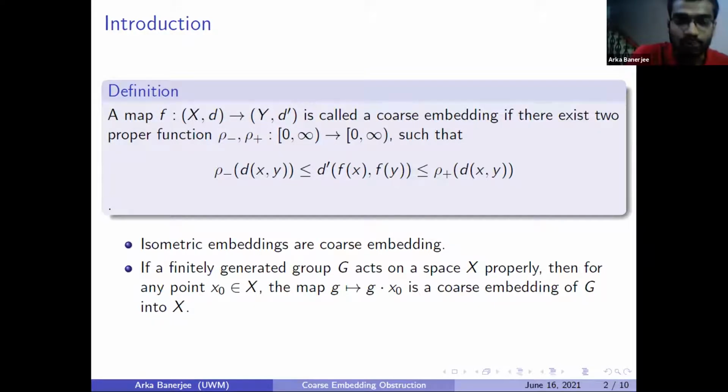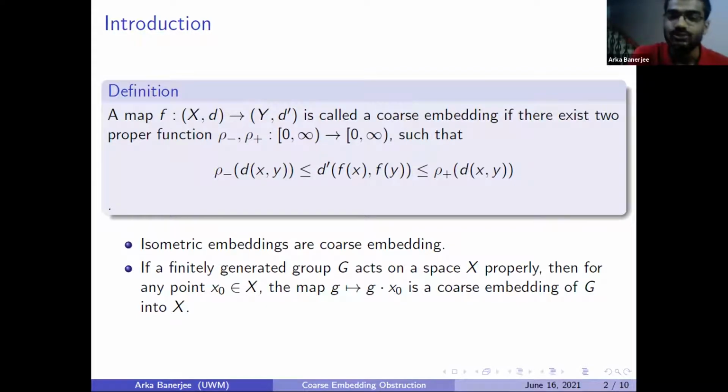You choose a point x naught in X and send the group G to the orbit of that point, G goes to G dot x naught. That map turns out to be a coarse embedding. The proof goes just like the Milnor-Schwarz lemma. Okay. So now you can construct many coarse embeddings by yourself.